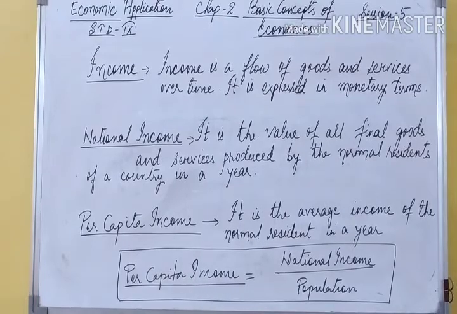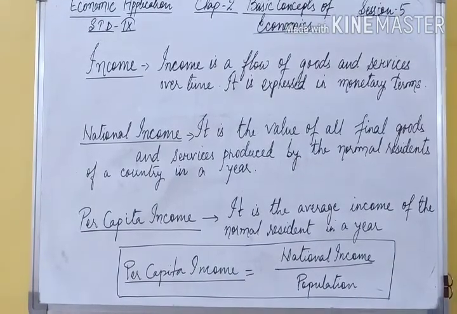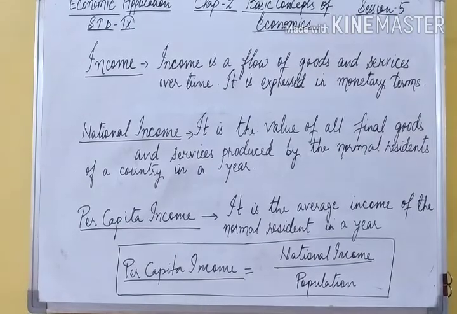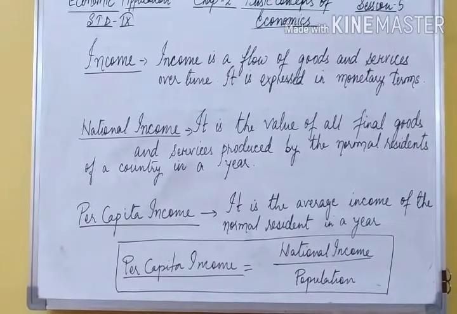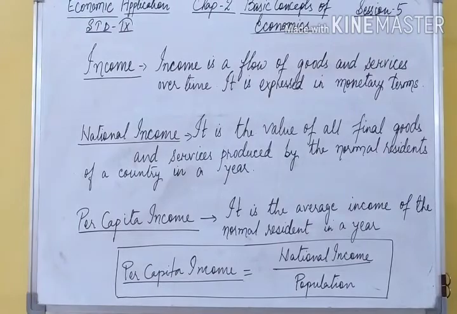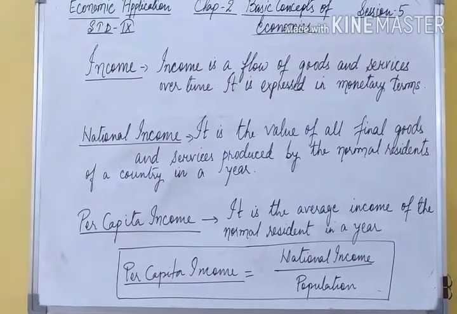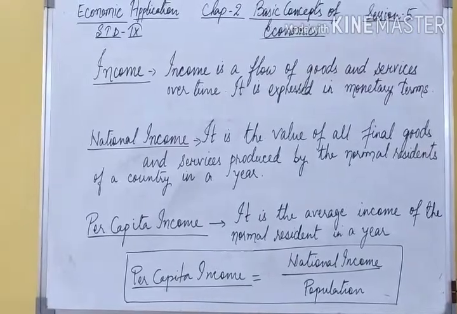Suppose we take the example of our own country, India. Whatever goods and services are produced by the normal residents staying in India within a period of 1 year, that is the national income. Or simply we can say the country's income.